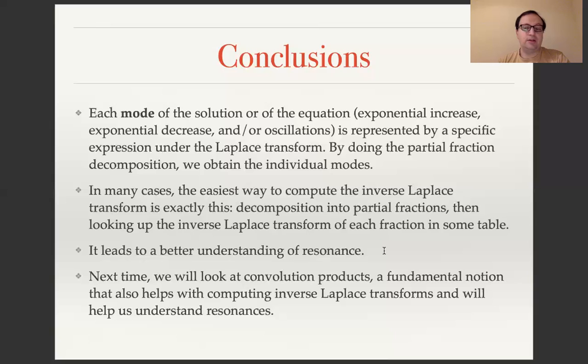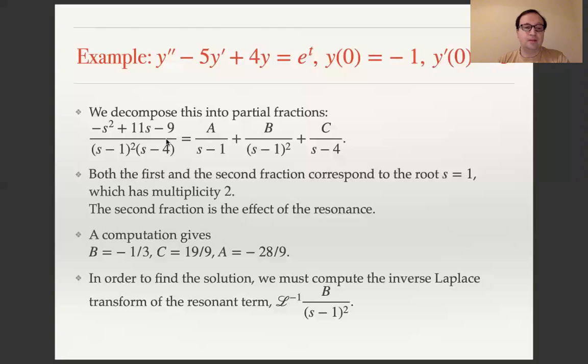So in any case, this time we see that the resonance corresponds to the multiplicity of the roots in the denominator. So whenever you have a root of multiplicity like this s minus 1 squared in the denominator here, this means that we have resonance.